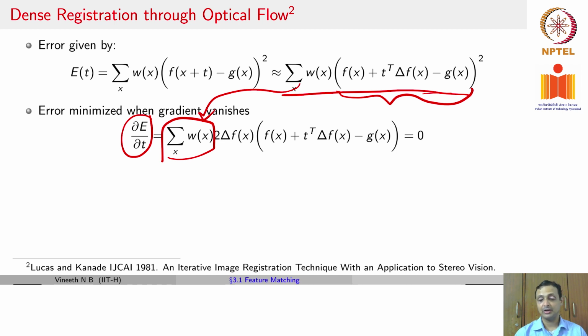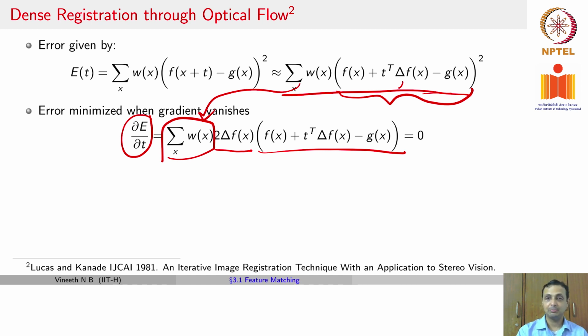So if you take the gradient of that, you're going to have 2 into the entire term inside the brackets into the derivative of the term that's affected by t, which is delta f(x). So you're going to have 2 delta f(x) into the entire term inside the brackets. We want to set this gradient to 0 and then solve for what we're looking for.